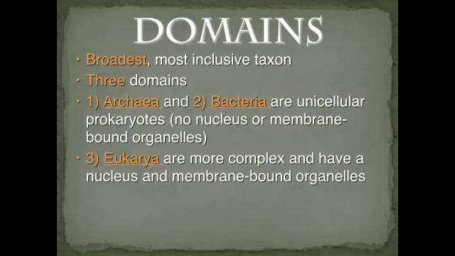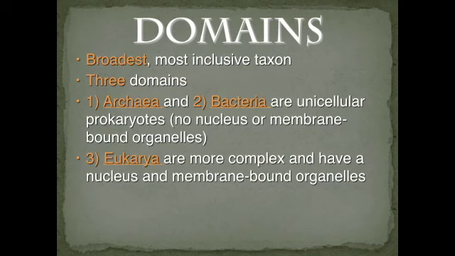Now, there are 3 basic domains. The first one is going to be bacteria. And bacteria is broken up into 2 types, and that's archaea bacteria and eubacteria. So archaea bacteria and basic bacteria. Now, archaea and bacteria are unicellular prokaryotes, prokaryote referring to not having a nucleus, and so it still has DNA but no nucleus.